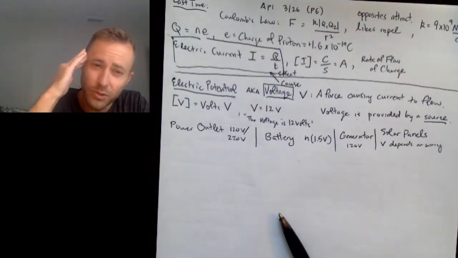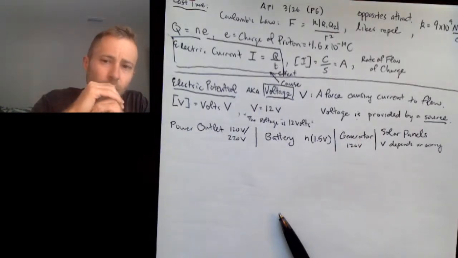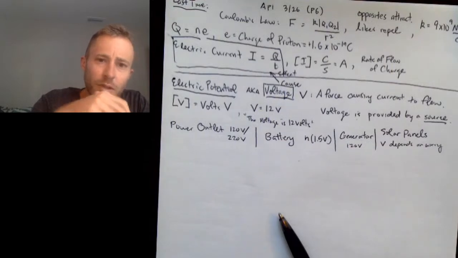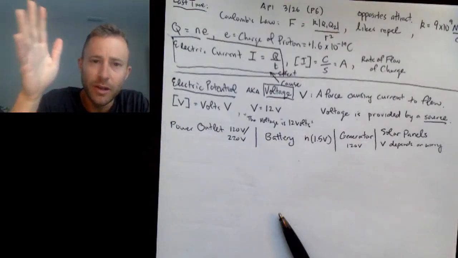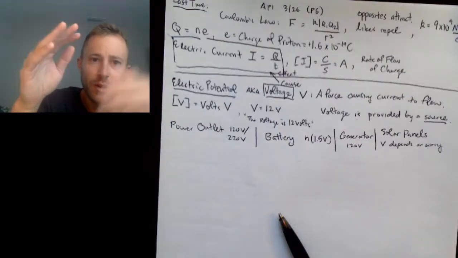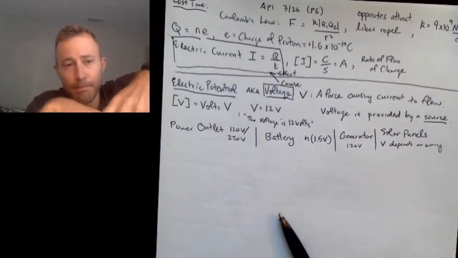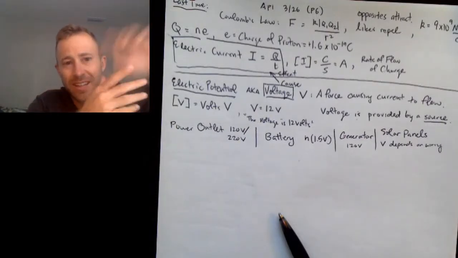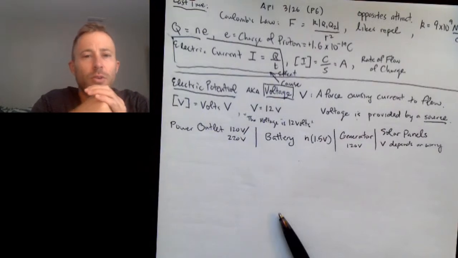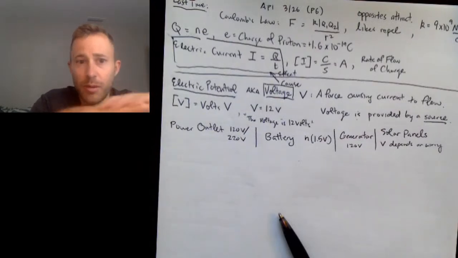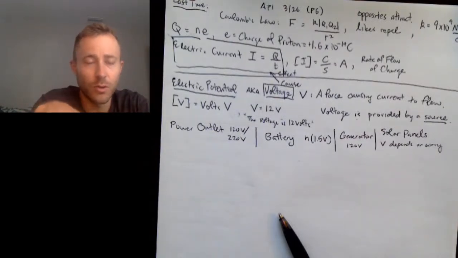The level of voltage that a solar panel outputs doesn't depend that sensitively on the level of sun. Okay, so if there's any sun, the solar panel is going to pretty much output a constant voltage.